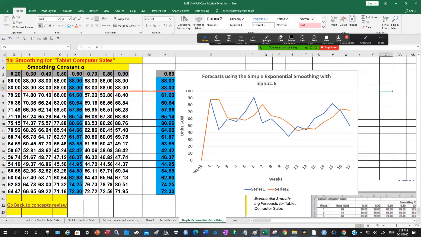And you see for each week, you have the actual and the forecast. In weeks 1 and 2, the forecast is the same as the actual of week 1.